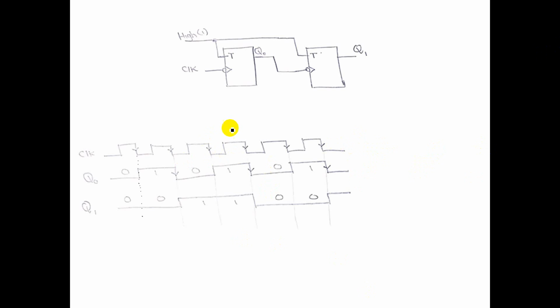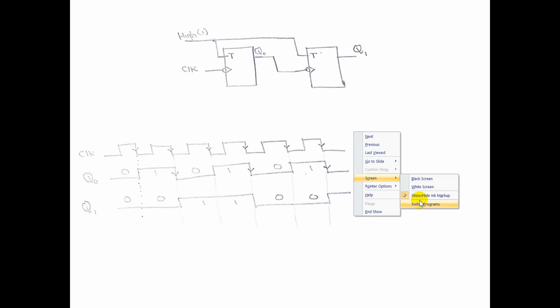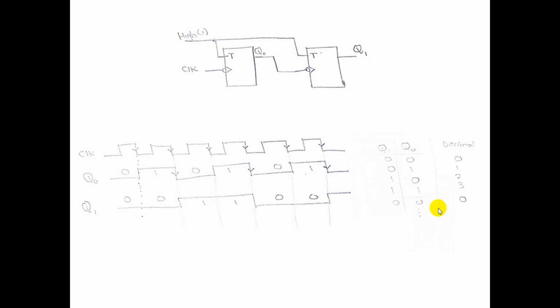Now, for the two flip-flops, how do we say this is doing the counting? We got a waveform from the given diagram, but how do we say this is counting? For the counting, if you see, this is a table. My least significant bit will be Q0. Then I will have Q1, and if I have another flip-flop here, it will be Q2, and so on.